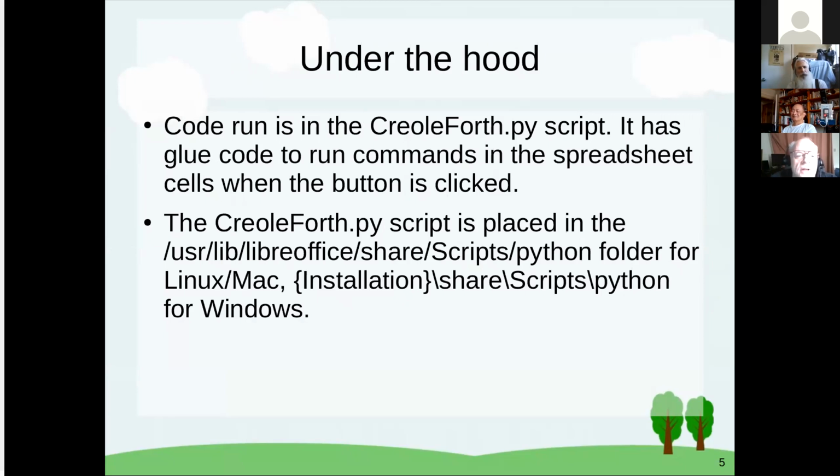This is where the Python script is placed. It varies depending on what kind of computer you're using. There's one folder for Linux and Mac, and then there's one for Windows. One thing I tried for Linux Mint, I tried placing it in a private folder, which is different. I couldn't get it to work.